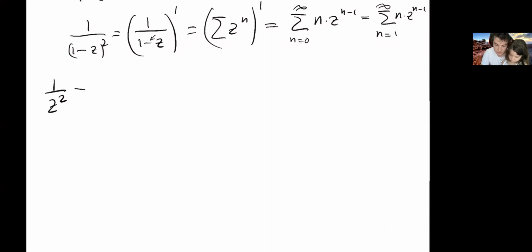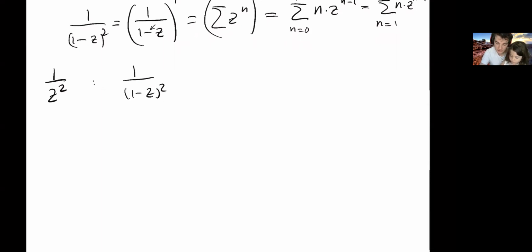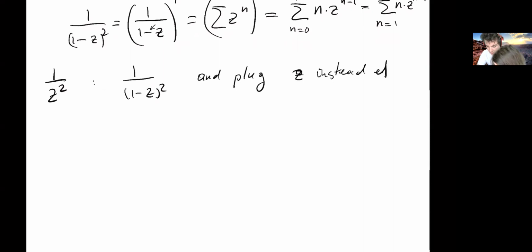So for 1 over z squared, we take 1 divided by (1 minus z) squared and plug in z instead of 1 minus z. So it means that we want to replace 1 minus z by z.